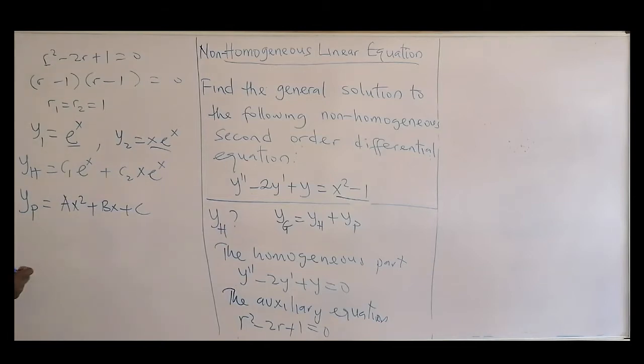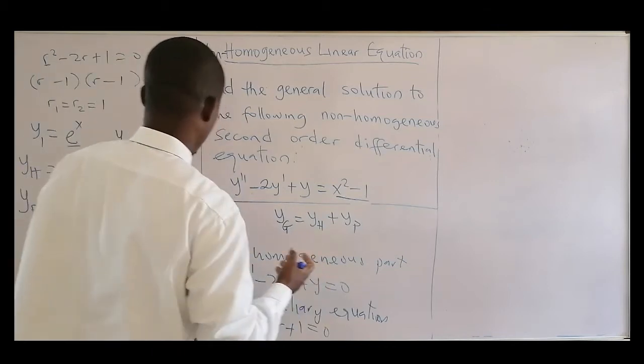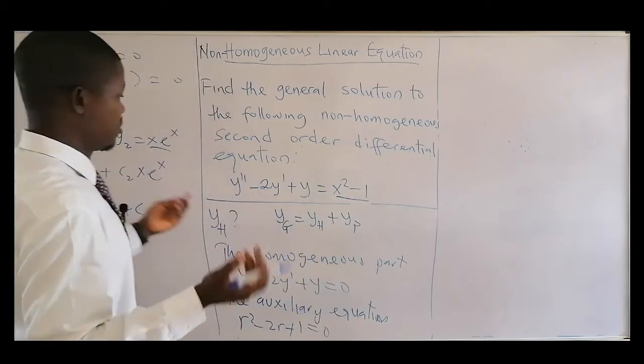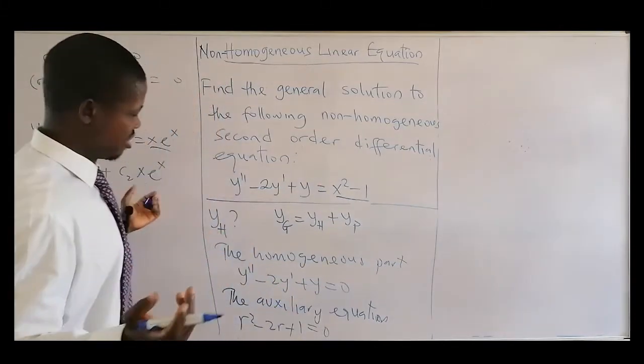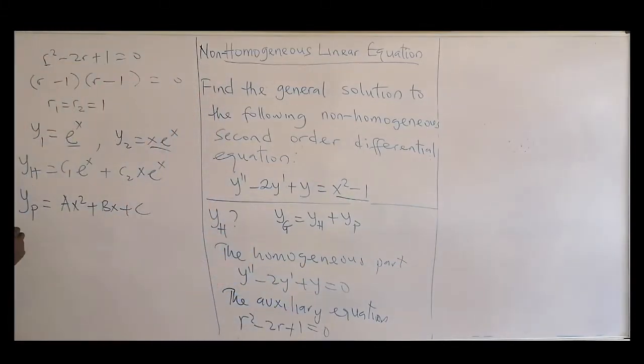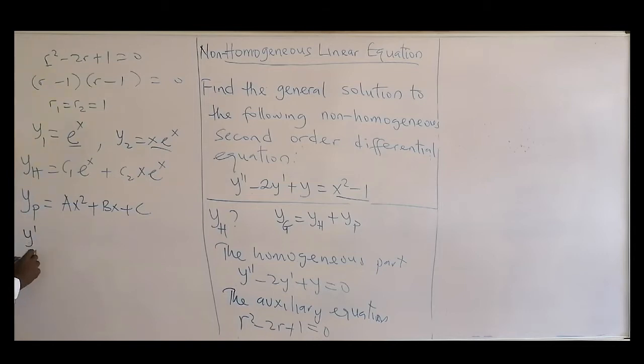So what we now need to do, I want to use undetermined coefficients. Okay, actually we can use another method. We can use variation of parameters. The choice is ours. Okay, let's get the first differential of this, which will be equal to 2ax plus b. Get the second differential of this particular solution, that will be 2a.